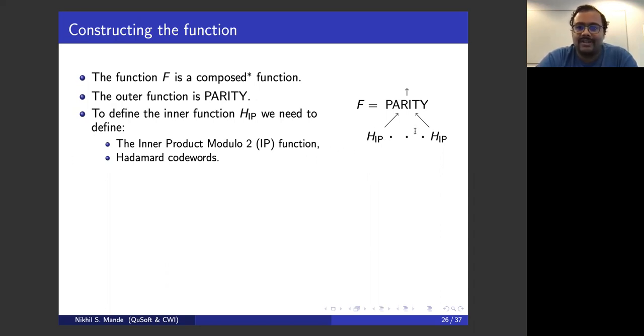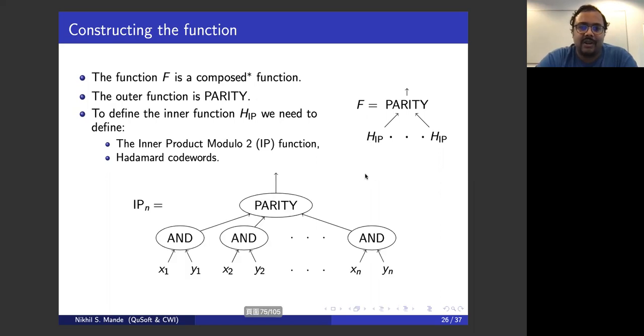So to understand HIP, we need to understand what the inner product mod 2 function is, which is exactly the following. It's a parity composed with a bitwise AND. So in the 0-1 world, this would exactly be summation of xi yi mod 2. And in the -1 world, or more generally, it's parity composed with AND. Good.